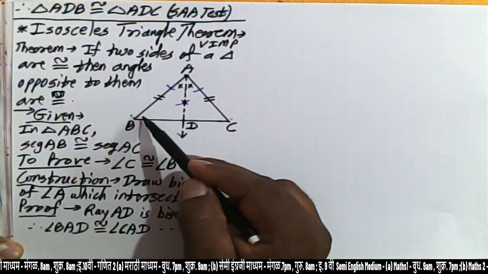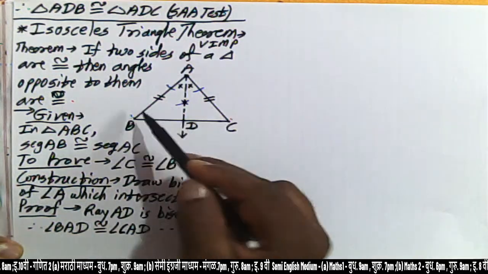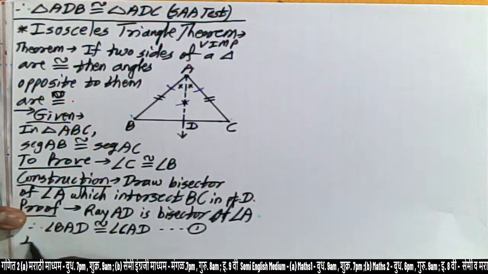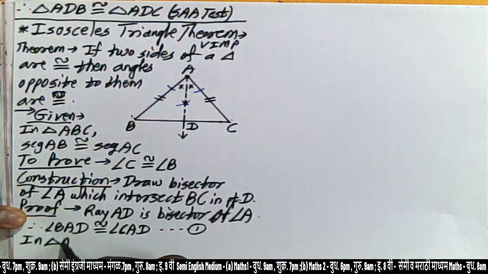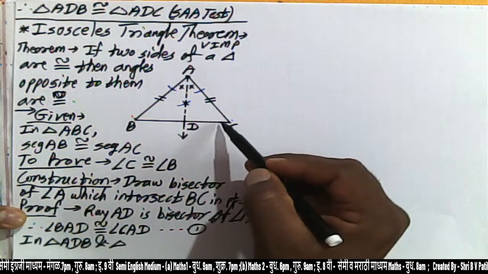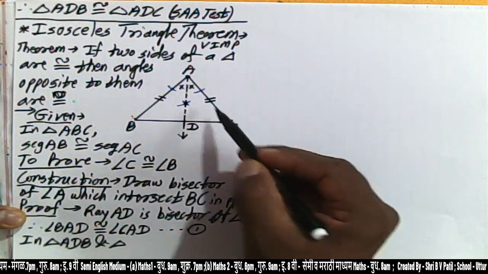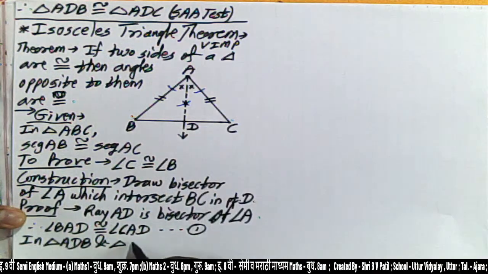B अँगल असणारा ट्रायंगल, that is triangle ADB हा डाव्या बाजूचा. In triangle ADB and C angle असणारा triangle, that is triangle ABC.